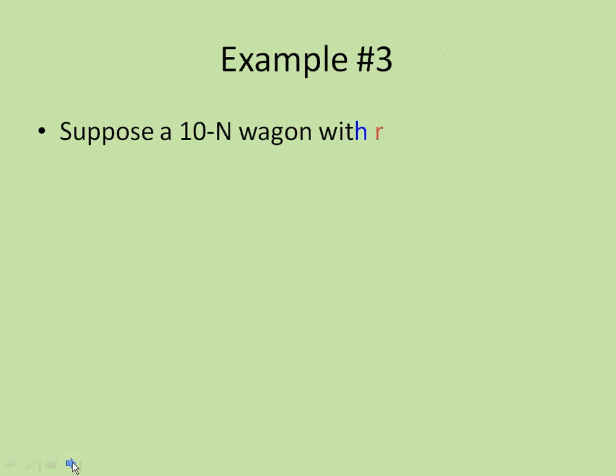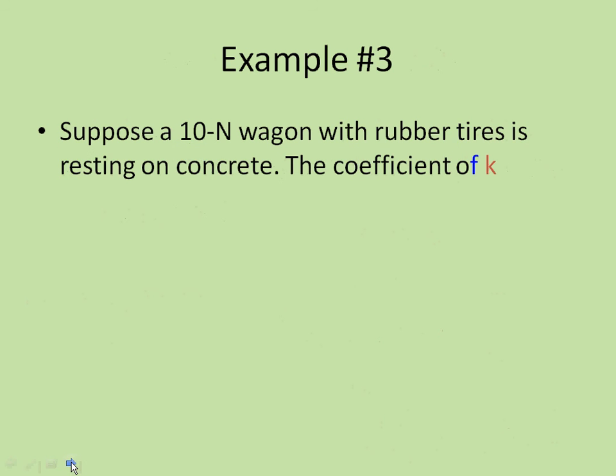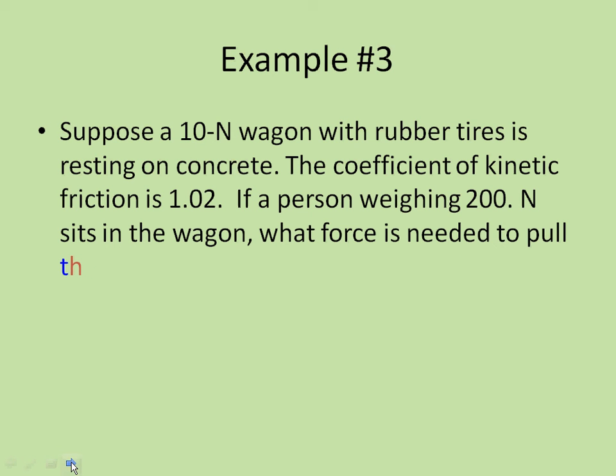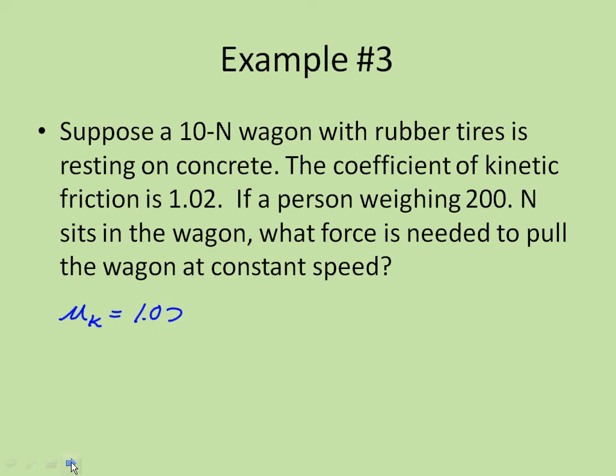Our third example. Suppose a 10-newton wagon with rubber tires is resting on concrete. The coefficient of kinetic friction is 1.02, pretty high. If a person weighing 200 newtons sits in the wagon, what is the force needed to pull the wagon at a constant speed? So, things we know: mu k is 1.02.